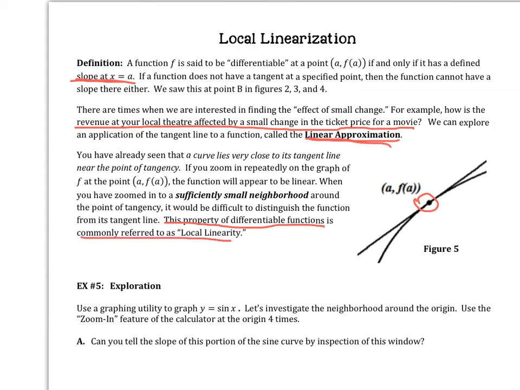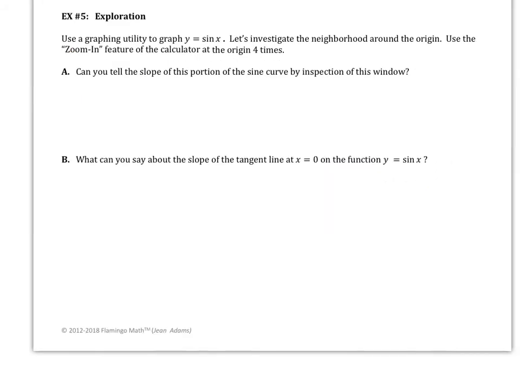All right, so let's see what we've got next. For this point, you need to go get your calculators. So go ahead and get your calculators, and put in sine x. Make sure that when you graph it, you can see the sine curve.